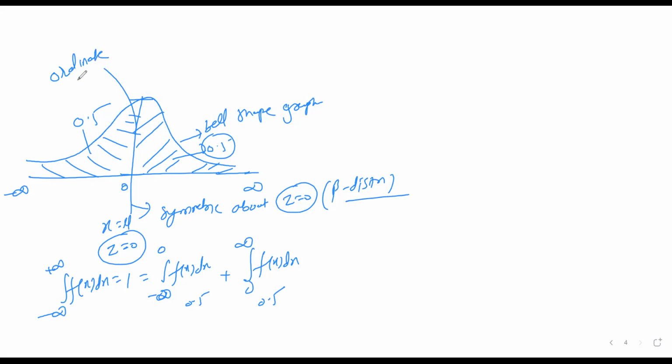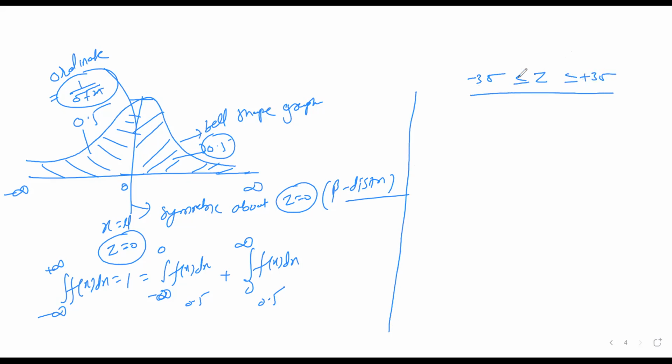If you put z equal to 0 here, you will get the ordinate value, which is 1 by sigma root 2 pi. So the standard normal distribution is graphically indicated so that the z value lies between minus 3 sigma and plus 3 sigma.